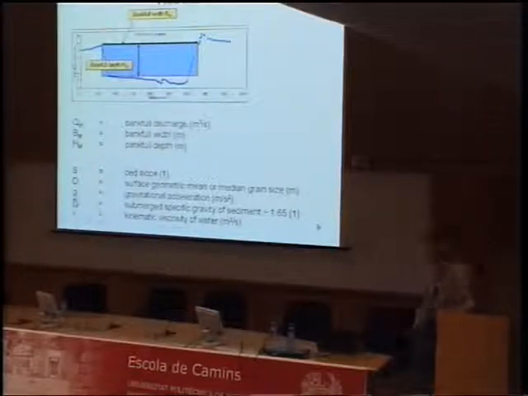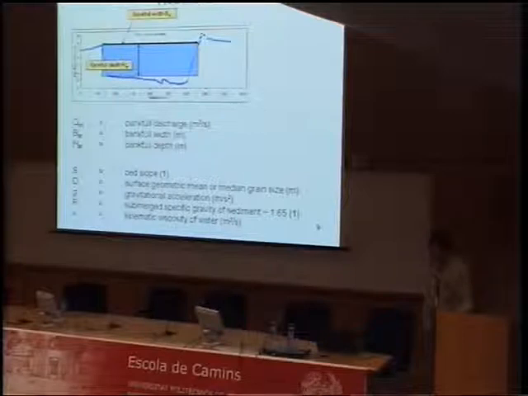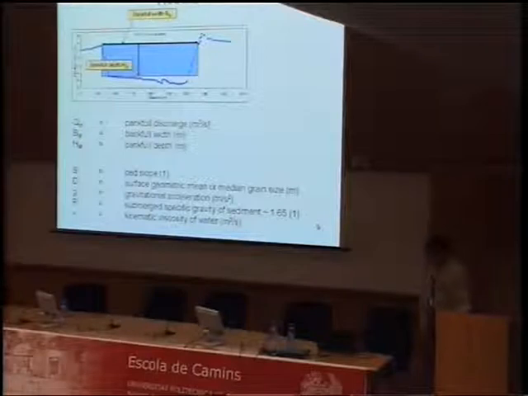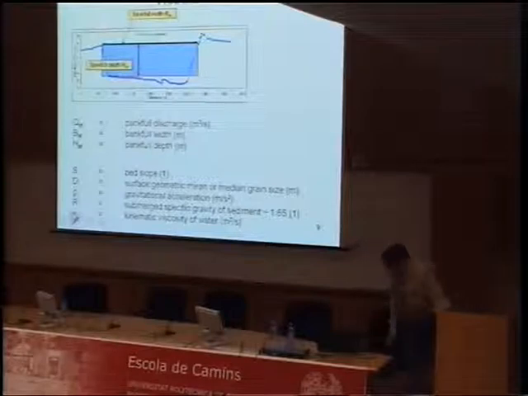I use a submerged specific gravity, which is about 2.65 minus 1 according to our friend Archimedes, or 1.65 for quartz. On Titan, the value of R is about 1 instead of 1.65, and the value of g is only about 1/7 of the value on Earth. You may not be interested in river engineering on Titan, but I like the example. And then, of course, the kinematic viscosity of water. It would be methane on Titan.